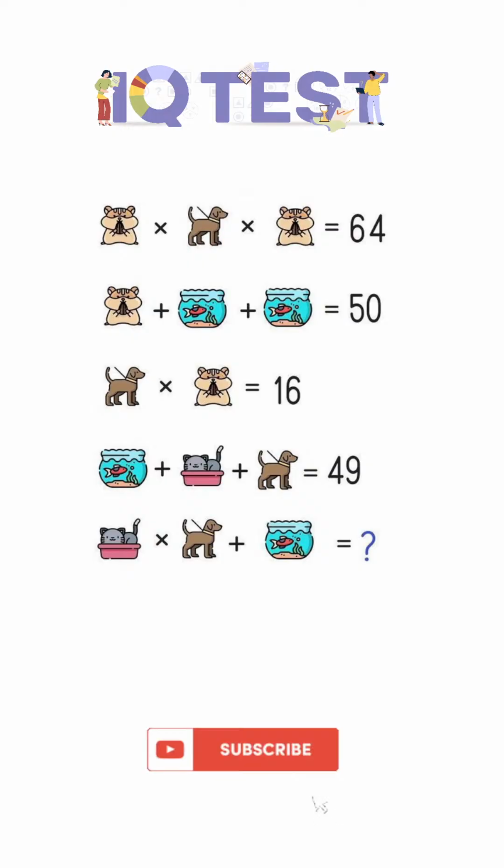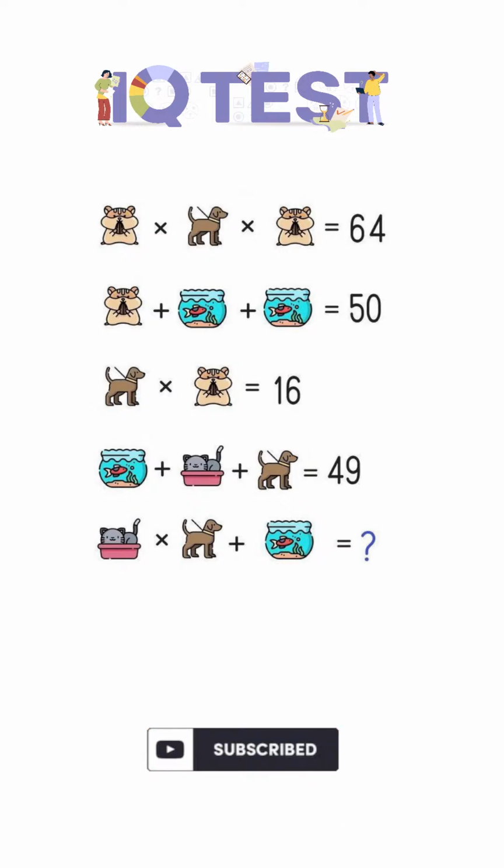So our hamster is going to be 4, and then the dog is also 4, because 4 multiplied by the 4 in the middle, which is for the dog, multiplied by another 4, which is for the hamster. 4 by 4 is 16. 16 by 4 is equal to 64. So yes, the dog is 4, the hamster is also 4.